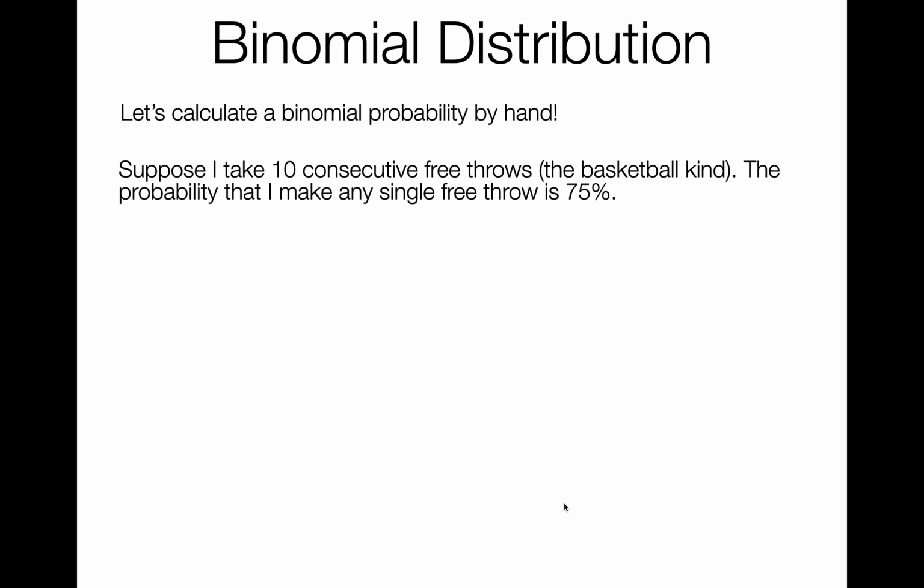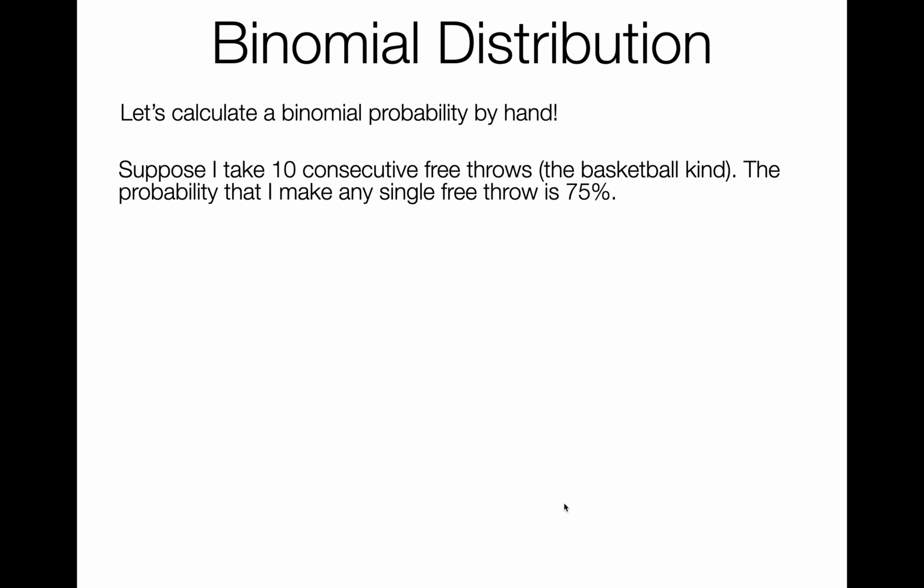Again, we could think of ways that it's not independent, but just bear with me. I'm not tired after 10 free throws, and it doesn't affect me whether I make the first one, whether I'll make the second one. All right, so we've got a binomial experiment here.